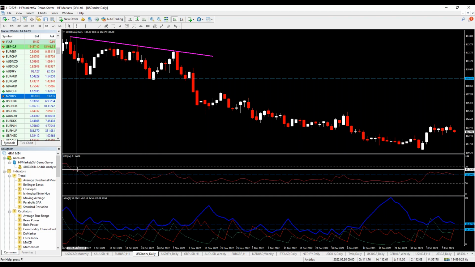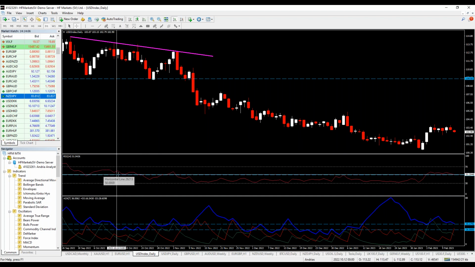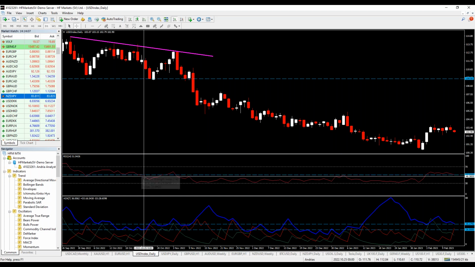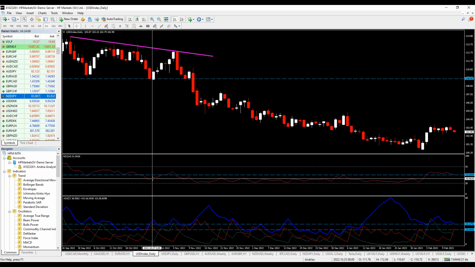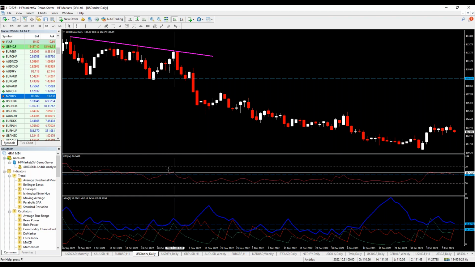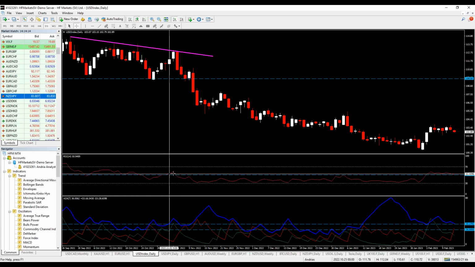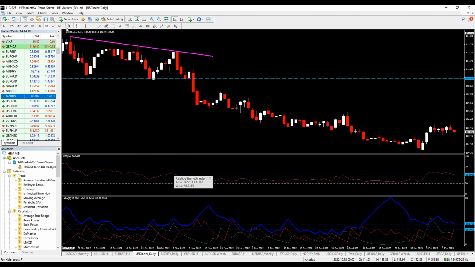RSI starts slowing down, but held above 50 for a while. It crossed below 50, but didn't breach 30, so flirting a bit with 50. Nothing really to confirm that we are in a downtrend until we had this breakout of the price action of our key support over here with a strong bearish candle.